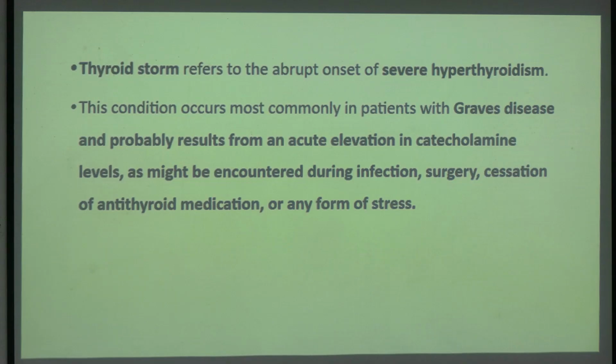Then what is thyroid storm? Thyroid storm refers to the abrupt onset of severe hyperthyroidism. This condition occurs most commonly in patients with Graves' disease and probably results from an acute elevation in catecholamine levels, as might be encountered during infection, surgery, cessation of antithyroid medication, or any form of stress.